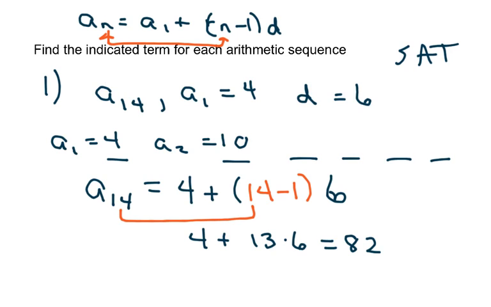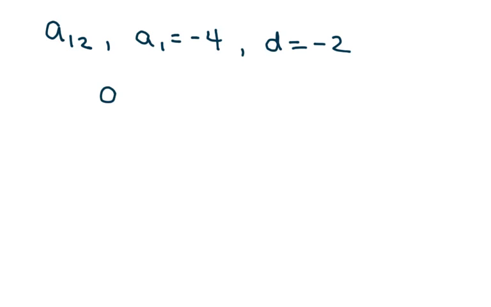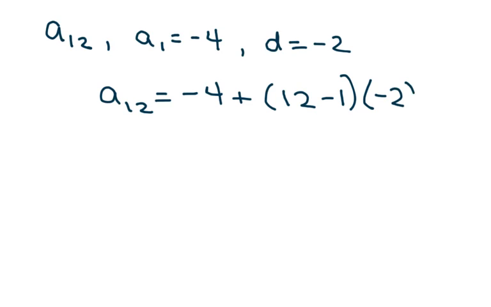Okay? Now, here's one. We want to find the 12th term, and we know the first term is negative 4, and our common difference is negative 2. So I plug it into my formula. a sub 12 equals my first term plus my total number of terms, which is 12, subtract 1 from that and multiply by your common difference.